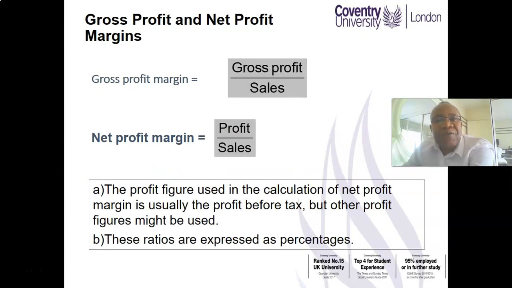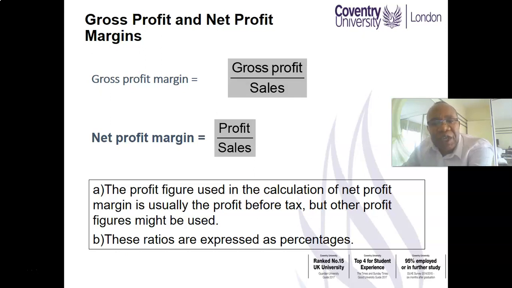The other types of margin ratios are the gross profit ratio and the net profit margin. The gross profit margin is simply gross profit over sales, and the net profit margin is net profit over sales. The net profit in this instance would be the profit before interest and tax, PBIT.